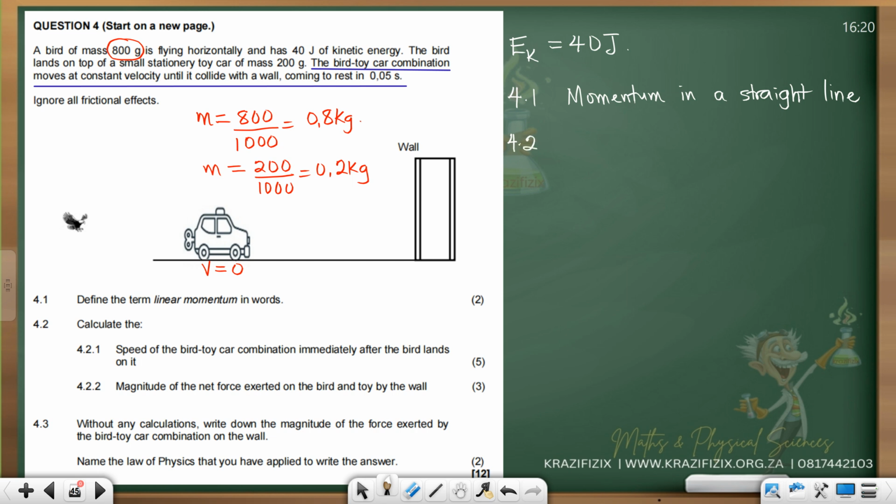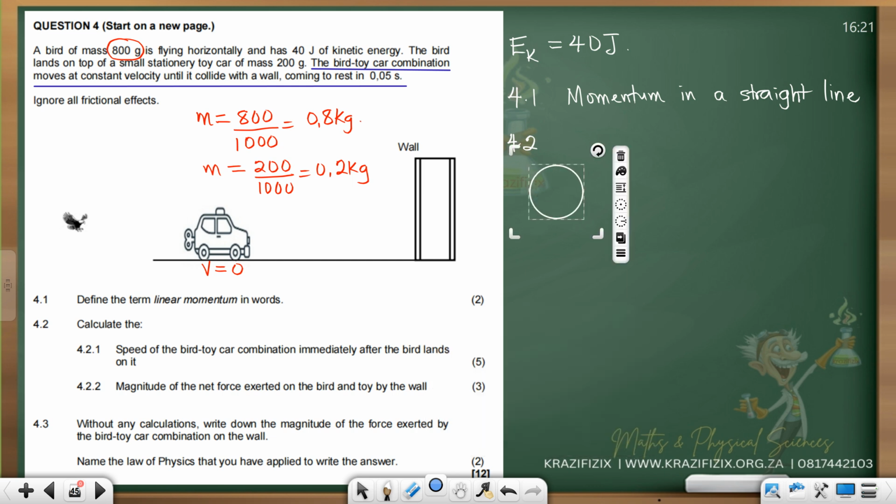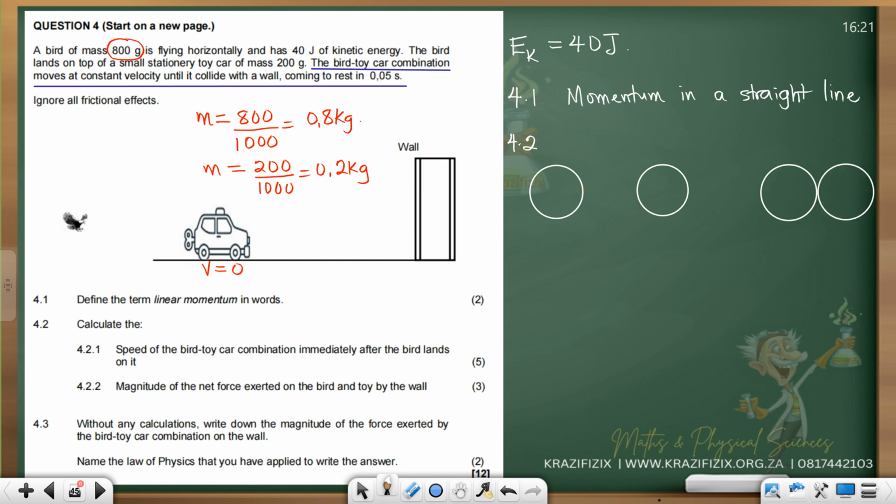Calculate the speed of the bird toy car combination immediately after the bird lands on it. Please, in case you missed it, this is what we do. Here, we are using the law of conservation. So, this is what happens. They were separate before, and now together after, because it says the bird car combination.